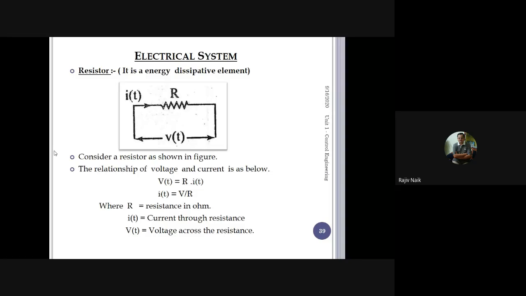Current is measured in amperes, voltage is measured in volts. V is voltage, that is EMF or electromotive force. Resistance is measured in ohms. The resistance of any given wire or any element in general is represented as R. Here across the resistance I am applying the voltage V, and because of that there is a flow of current I.